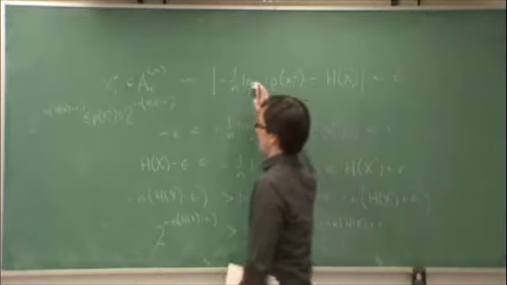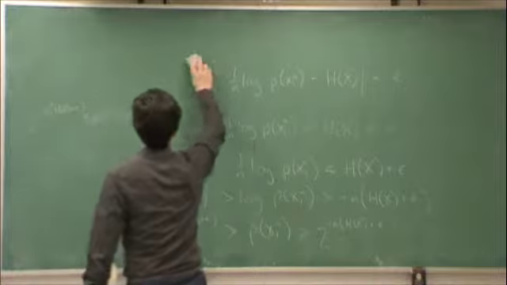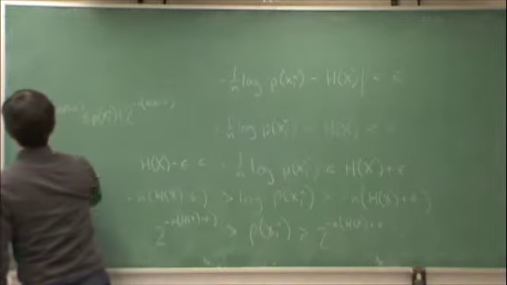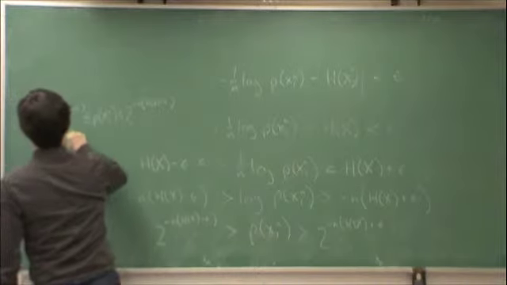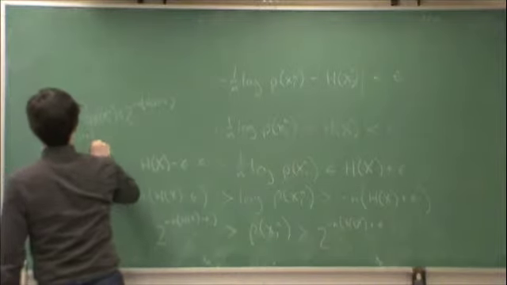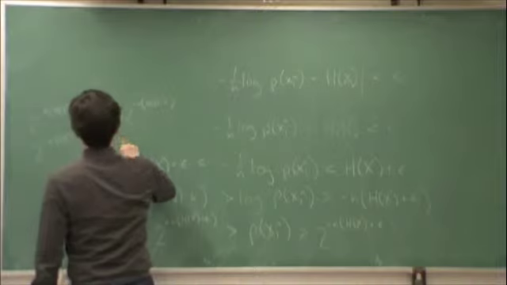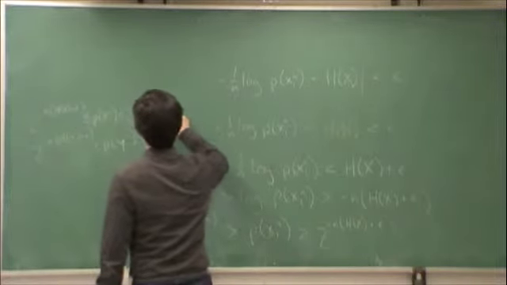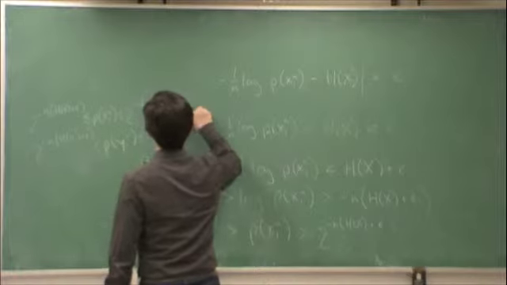We can go through exactly the same derivation for y. So therefore, 2 to the minus n h of y plus epsilon less than or equal to probability y 1 to n less than or equal to 2 to the minus n h of y minus epsilon.